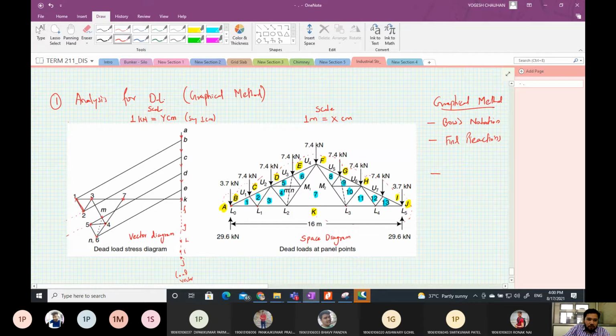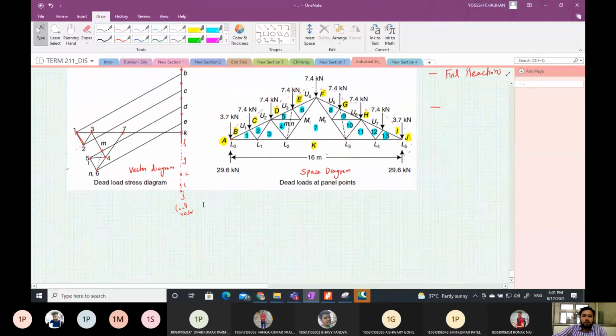On this 6 7 line, extend this M line, and you will get this 4. And take a line parallel to this 4 5, and you will get this 5. So this is how you can draw this vector diagram for the dead load case.